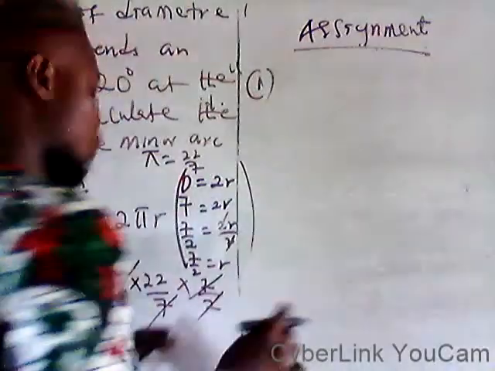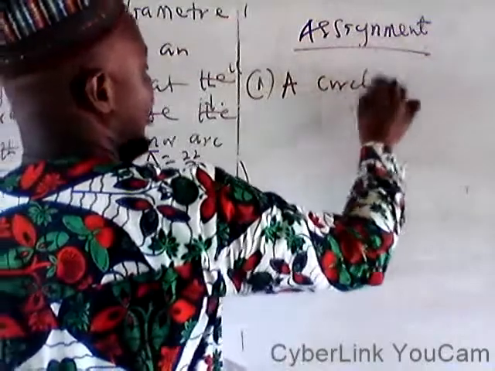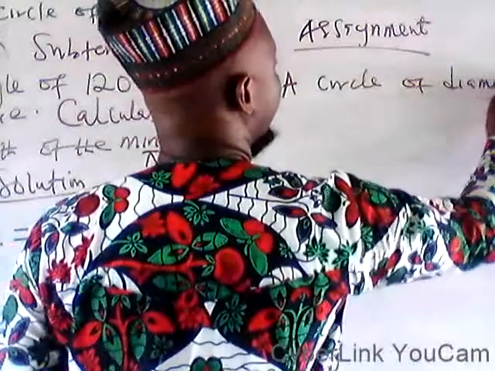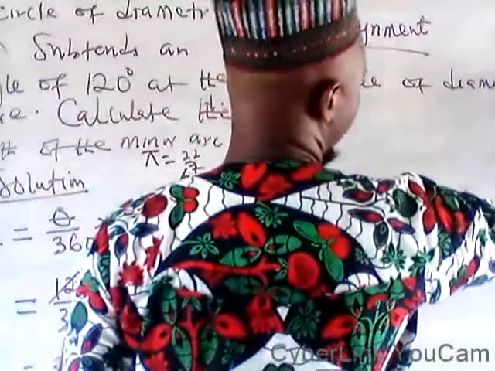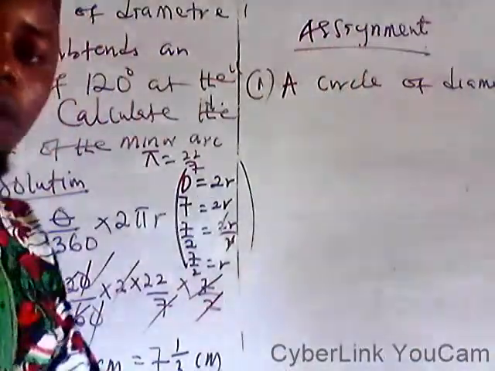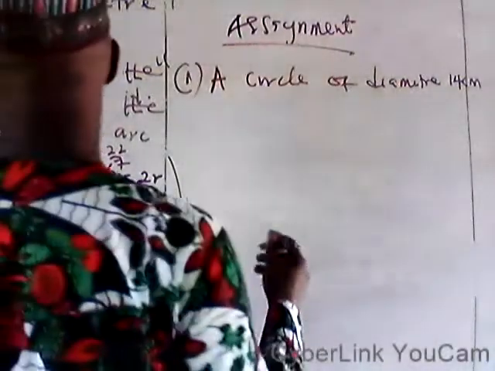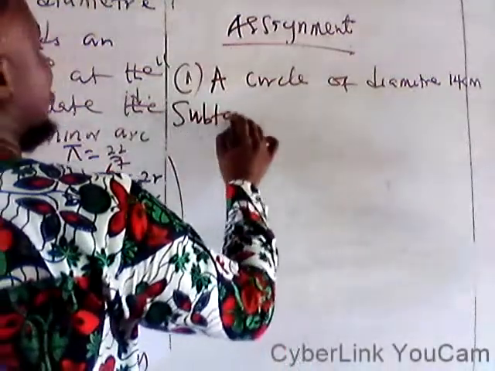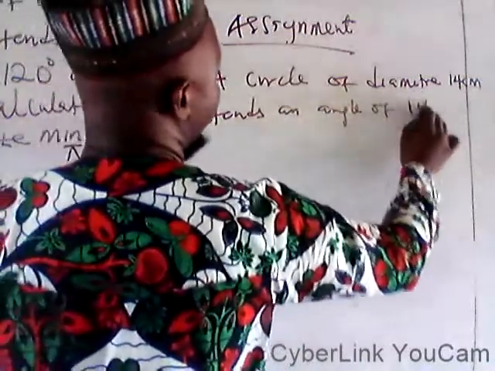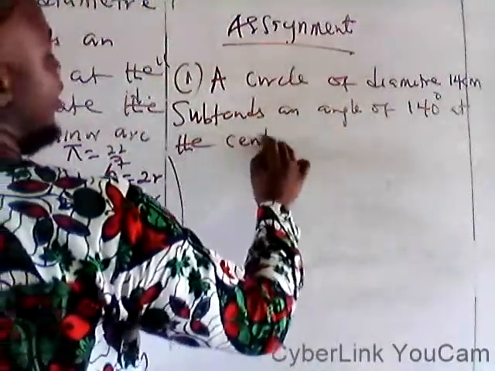Question 1. So from the one you just finished, we still have a circle, right? A circle of diameter. This time around, diameter is 14 centimeter. Subtend an angle of 140 degree at the center.